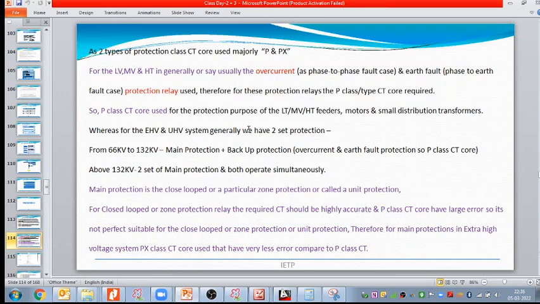Therefore, for these overcurrent and earth fault protection relays, the P class or P type CT core is required. That is the one statement. I hope this is clear.